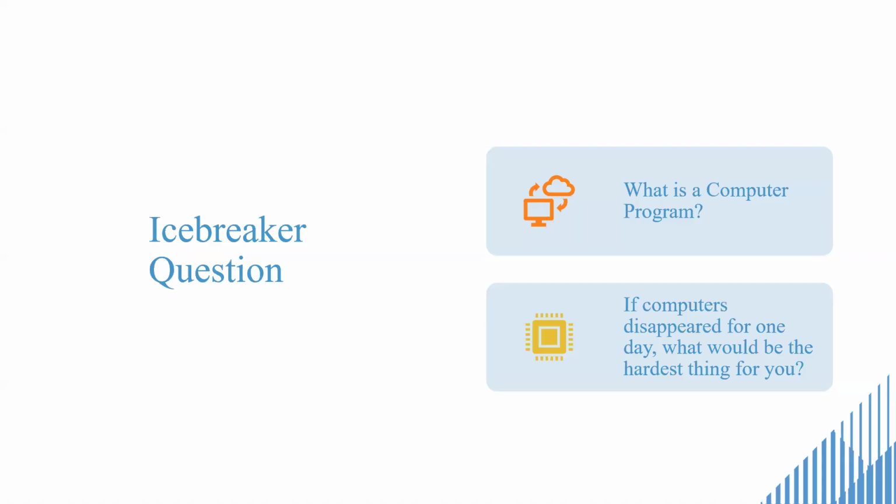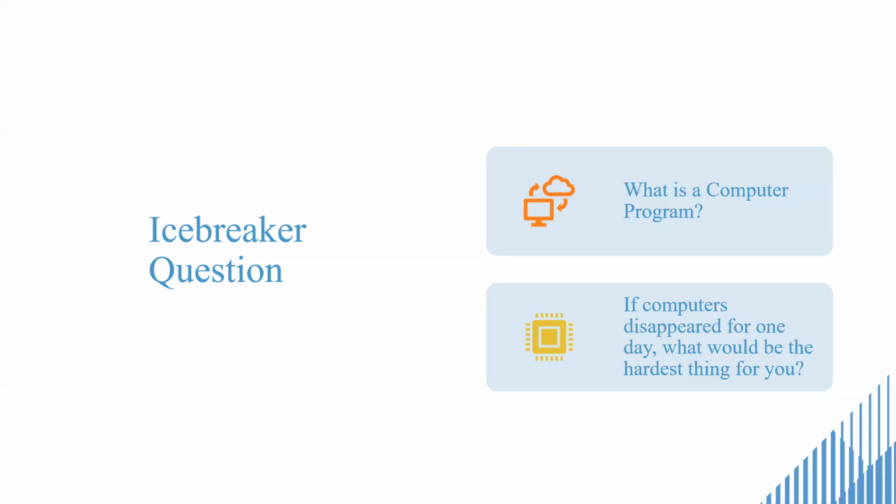I would like to share my idea about the second point. If computers disappeared for one day, we should be very honest. I heard from my classmates, but they didn't consider that there were always alternatives and we had so many other options. In a computer we have a combination of so many other resources.